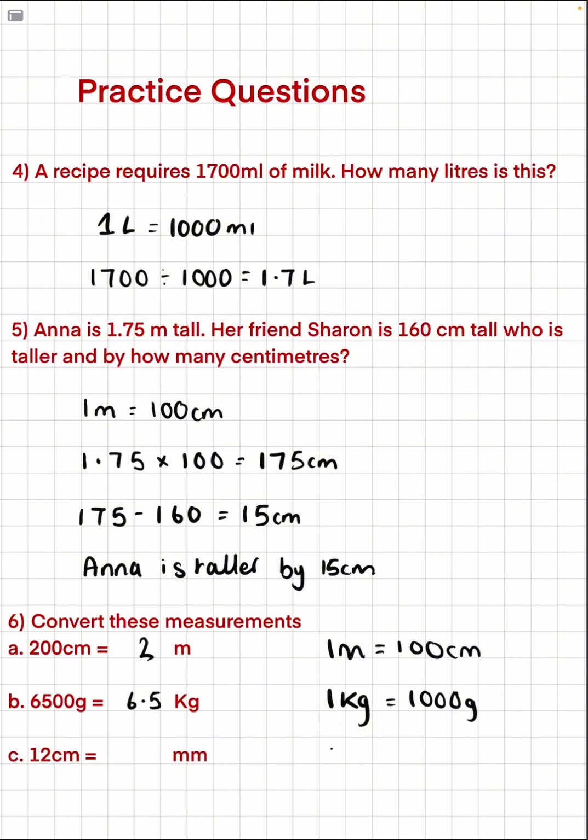We know 1 centimeter equals 10 millimeters. We're going from big units to small units, so we multiply. 12 multiplied by 10 is 120 millimeters.